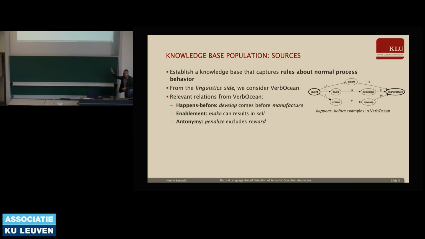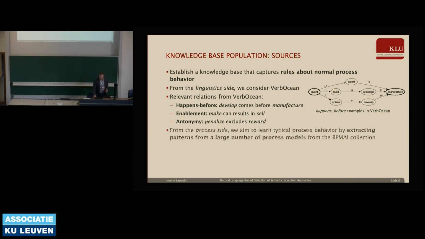There are 3 types of things in this VerbOcean resource. Happens before, so something comes before manufacture. There's enablement: if you make something, you can sell something, which makes sense. And there is antonymy, so opposites. If you penalize, you cannot reward; reject, accept, these kinds of things.